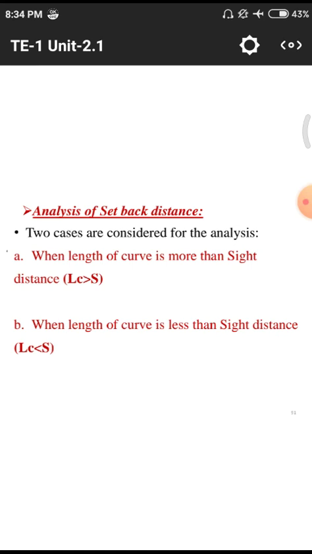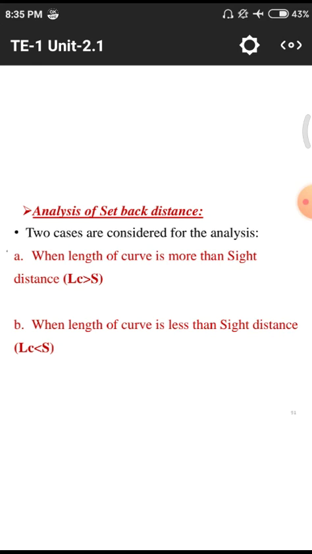We need to control the different kinds of problems we face while traveling on those roads, that means accidents and other sight problems, the sight distances. To control those, we need to analyze these setback distances with respect to two conditions. First, the length of the curve is more than the side distance. Second, the length of the curve is less than the side distance.